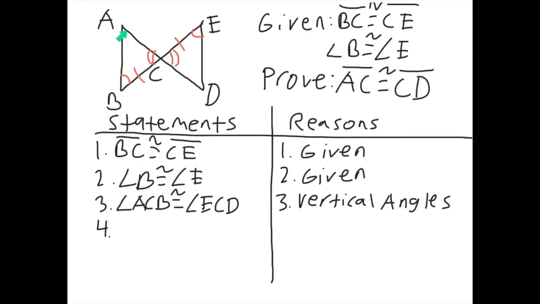Notice if we start with triangle ABC, we get triangle... So we said ABC, so no mark, 1 mark, 2 marks. Have to do the same thing. No mark, 1 mark, 2 marks.